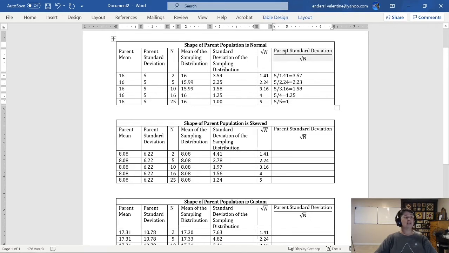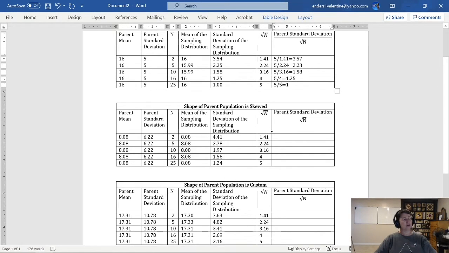So when I divide the parent standard deviation by the square root of my sample size, I get something really close to, or exactly, the standard deviation of that sampling distribution.